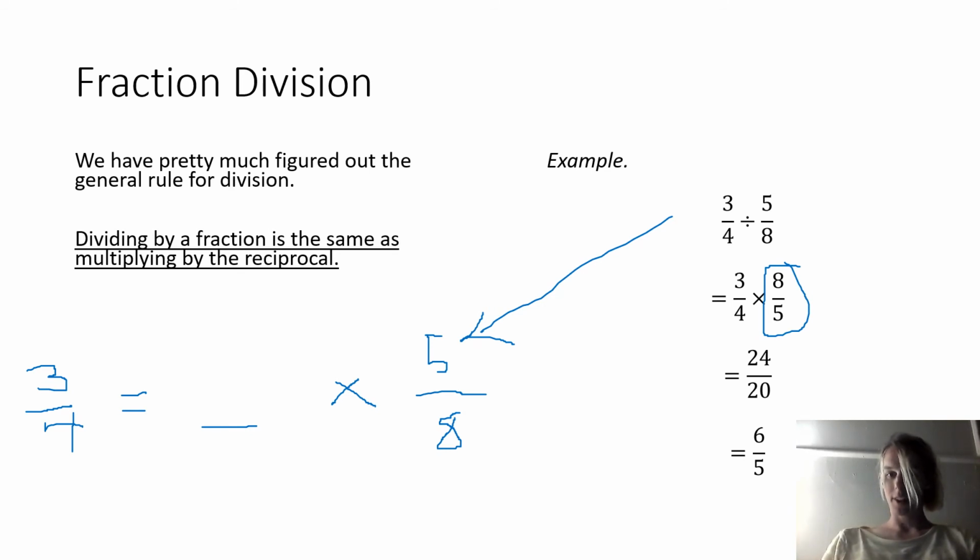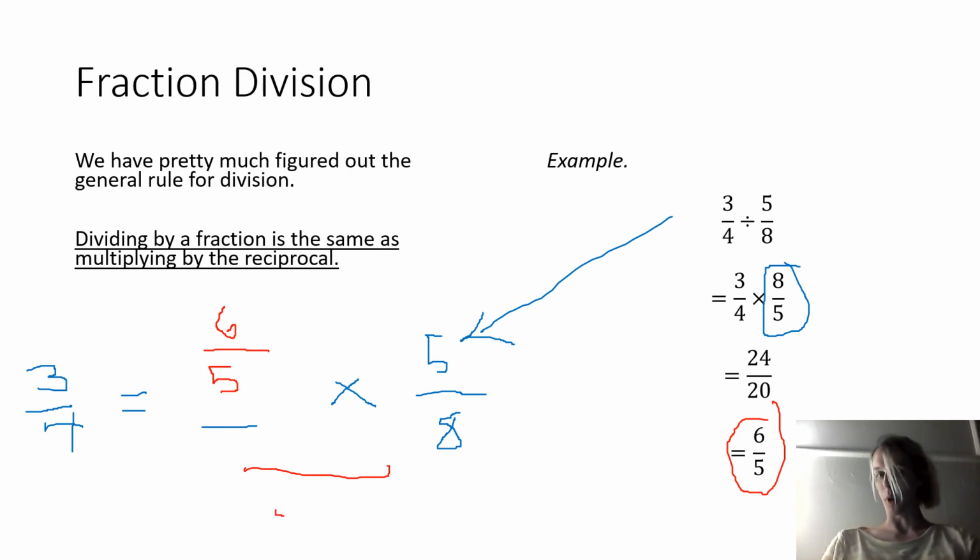And you can check. 6/5 is indeed the number that fills in the blank in this equation. 6/5 times 5/8 simplifies down to 6/8, which simplifies to 3/4. This does fill in the blank correctly. You can check yourself on paper.